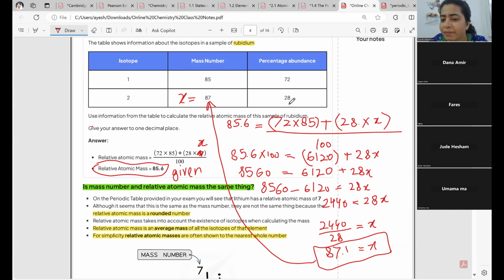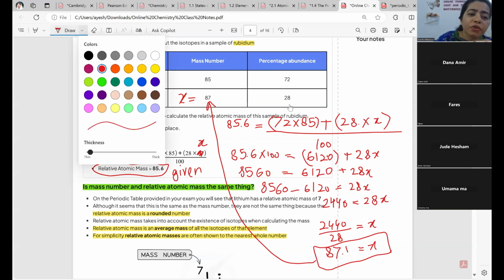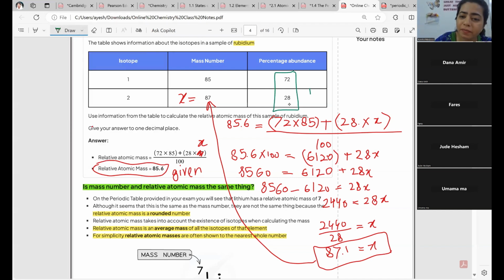Just subtract the first percentage from 100, because the percentages of both isotopes together should be 100. If one of them is missing, 100 minus 72 will give you 28, and 100 minus 28 will give you 72. So you can just do that by subtracting from 100. No need to do the calculation for the percentage abundance.